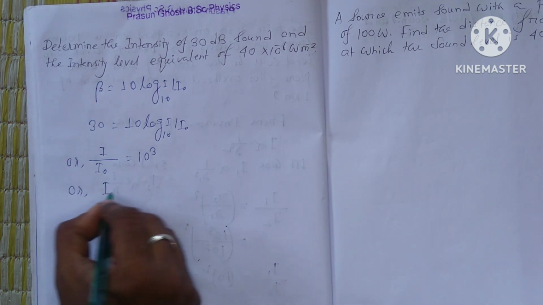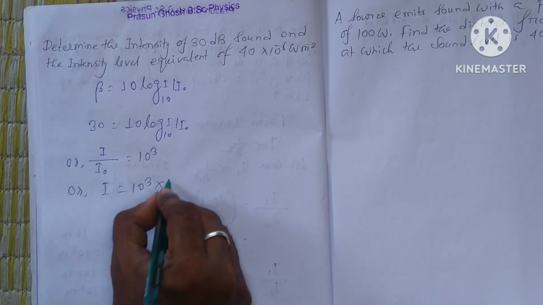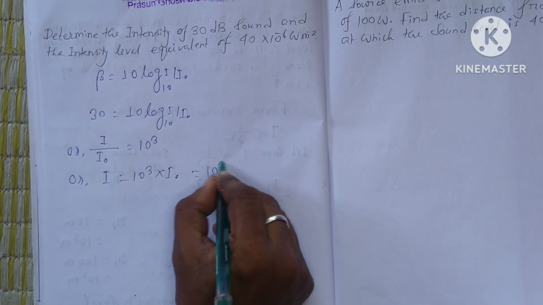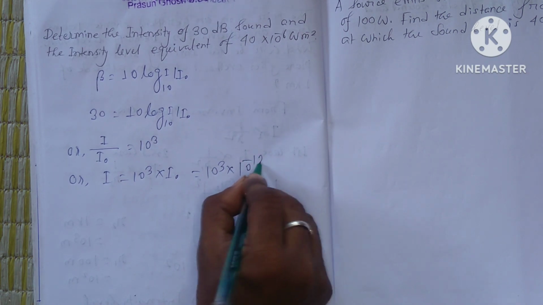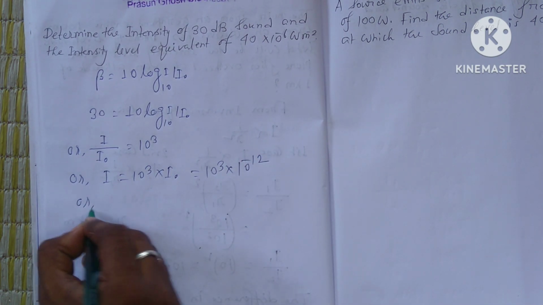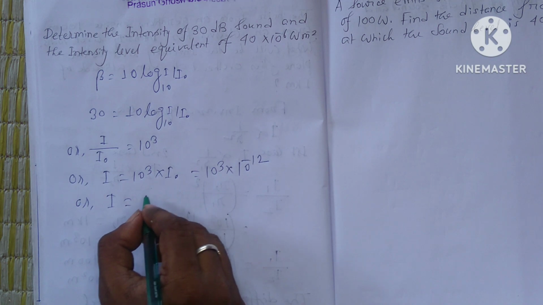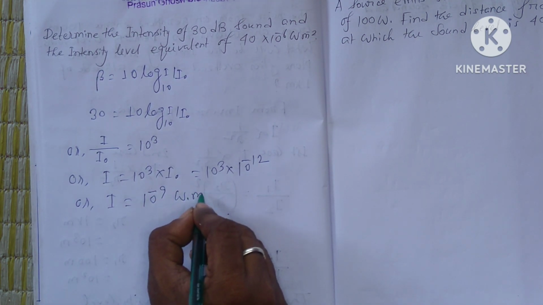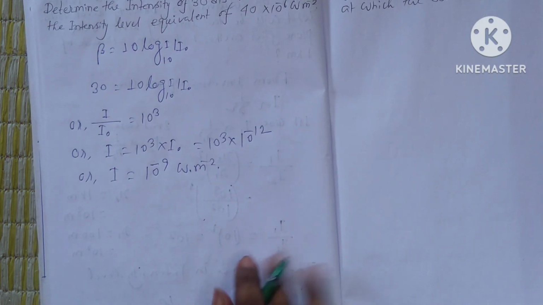So I equal to 10 to the power 3 I0. So 10 to the power 3, this is the value of 10 to the power minus 12. So I equal to 10 to the power minus 9 watt meter to the power minus 2.